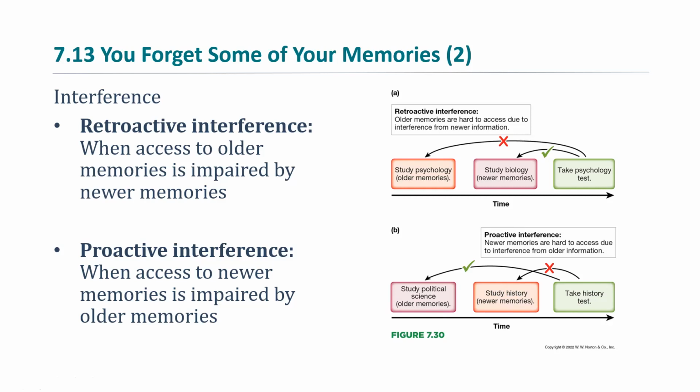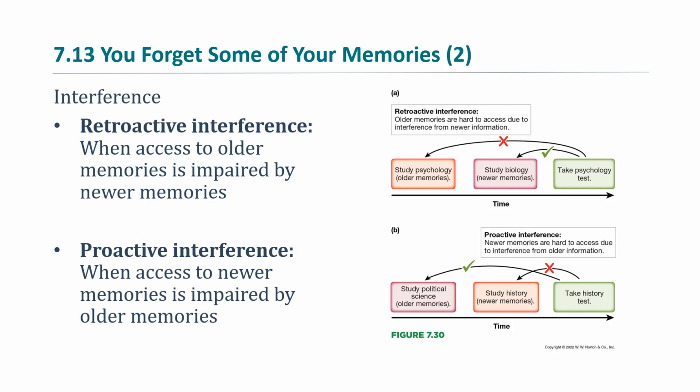If you think about retroactive interference, for anyone that has changed addresses or phone numbers during your life, remember at one time you knew your old address or your old phone number really well, but if some time's gone by, most likely you have trouble remembering some address that you knew for years or some phone number that you had for years because now it's been replaced by your new address or your new phone number.